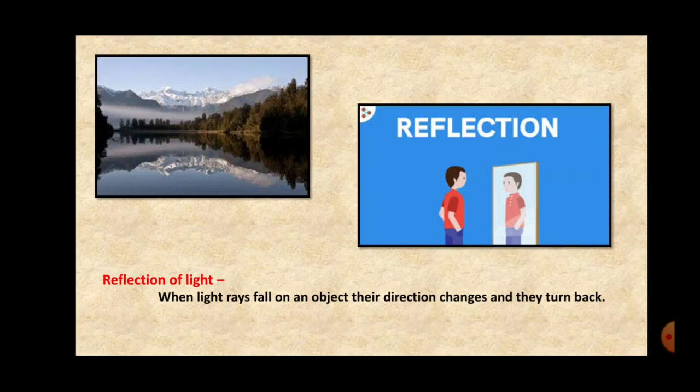But if the room is dark and there is no light, then the boy will not be able to see the image in the mirror because the reflection of light will not take place in a dark room. So reflection of light is when any light ray falls on an object and their direction changes, they turn back and reach the eyes, and the person is able to see the object. This phenomenon is called reflection of light.